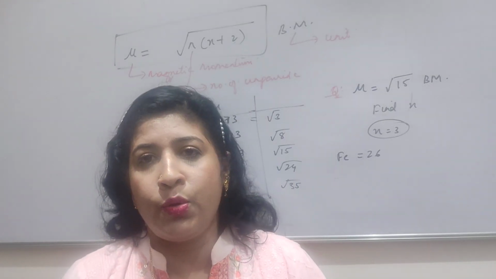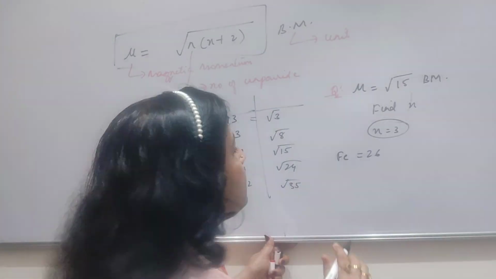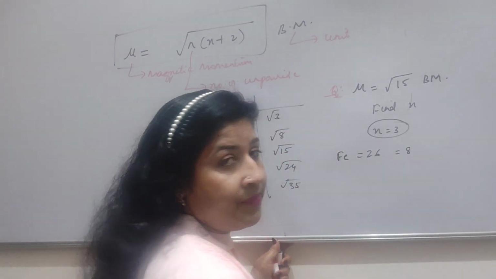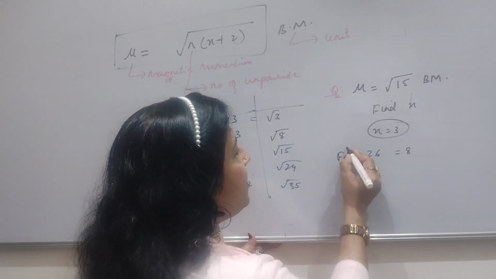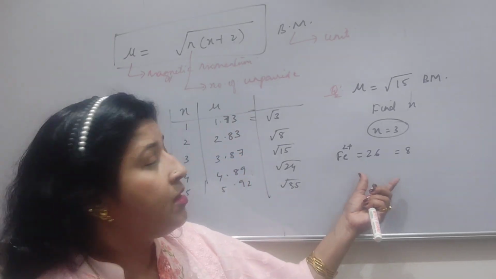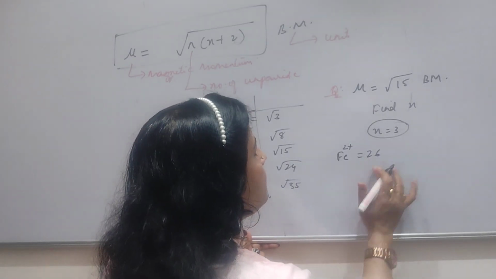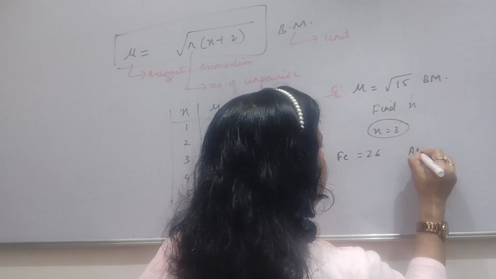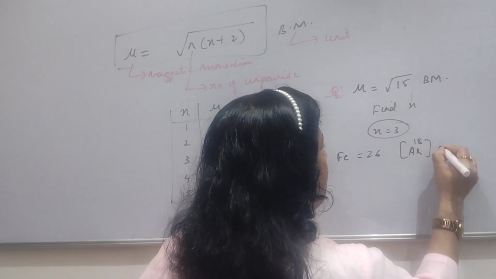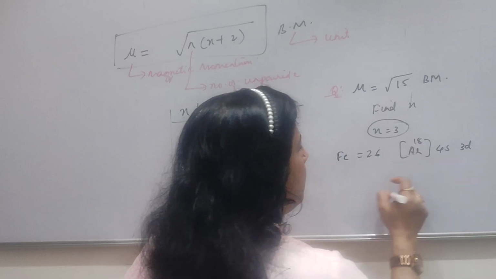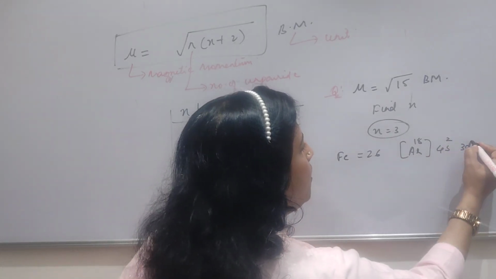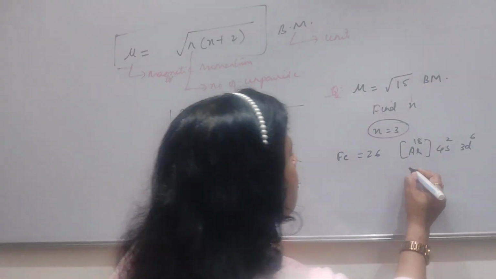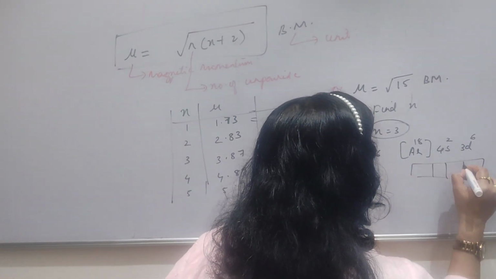So iron is 26, and if it is Fe2+, it's very easy. How to calculate this? Iron 26 is nothing but argon 18, and then 4s and 3d. So 18, 19, 20, and 26 is 3d6. If it is 3d6, how are you going to fill the electrons?